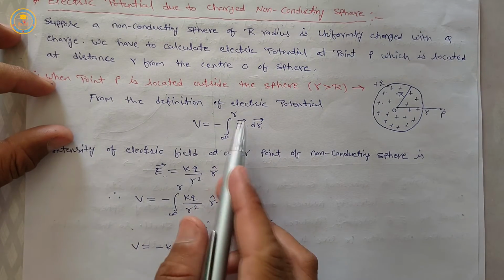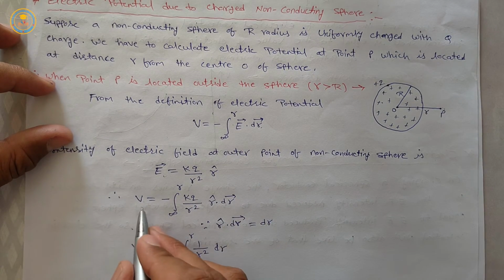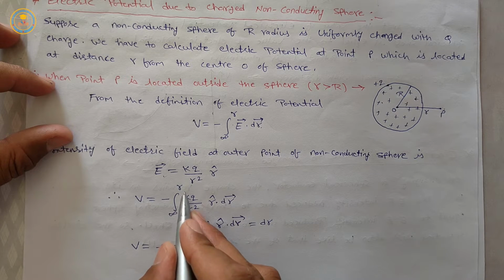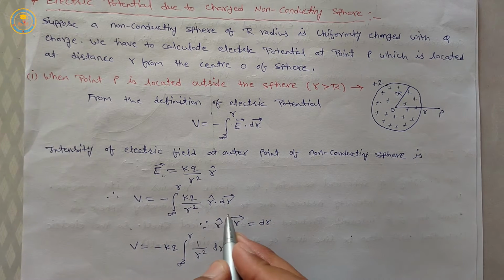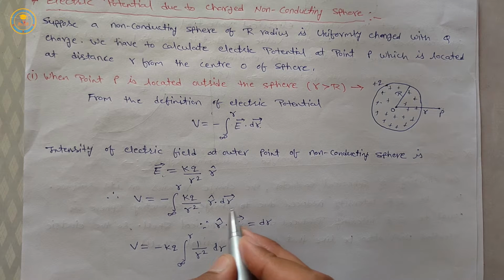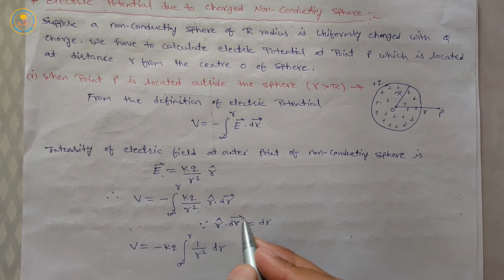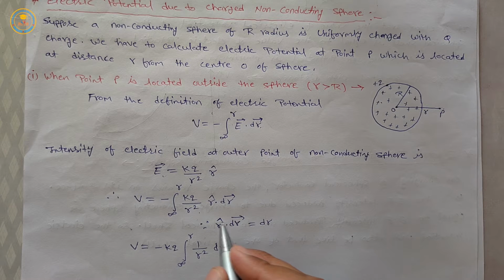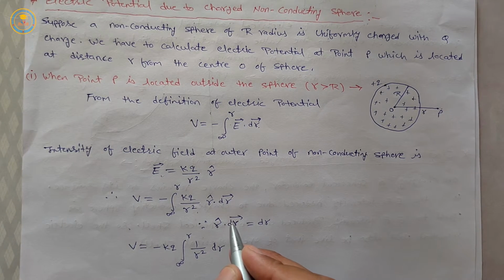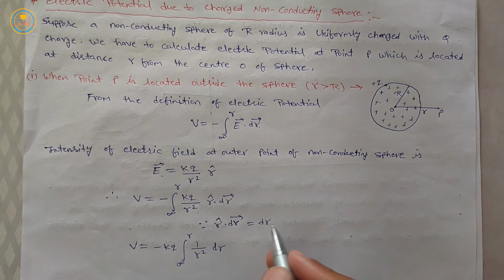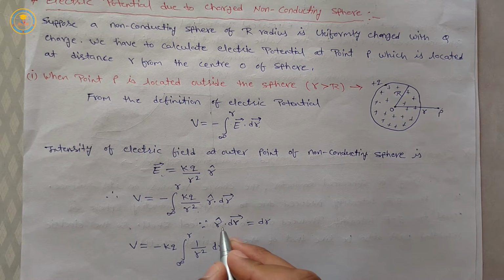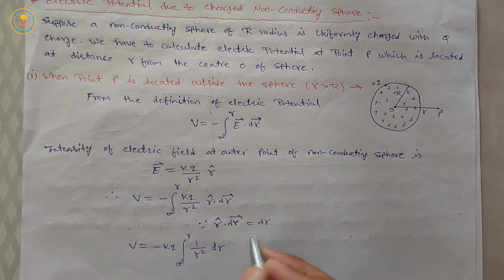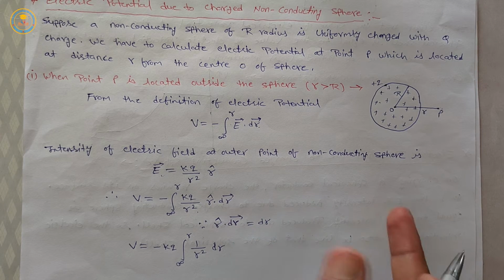So put the value of E in this equation, then we get V is equal to minus integral from infinity to r of kQ upon r square r cap dot dr vector, and the value of r cap dot dr vector is equal to dr. We have determined the value of r cap dot dr vector once, so we will not do it again and again.